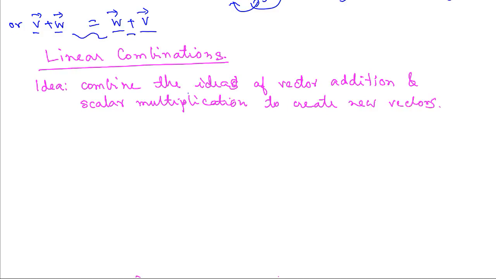Okay, so let's define what we mean by linear combination, and you will see that out of those two vectors w and v, or any two, you can create a whole lot of other vectors that can be generated by this. That is important to realize.